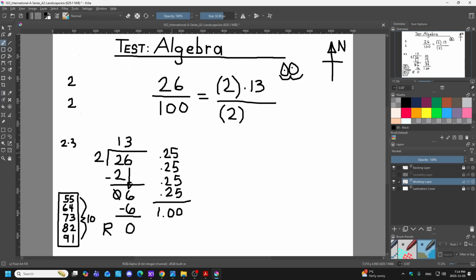You can look at this as 25 plus 25 plus 25 plus 25 equals 100. So therefore, we know it's going to take 2 of these. 25 and 25 is 50. So that means 50 times 2 equals 100. These cancel. We're left with 13 over 50.